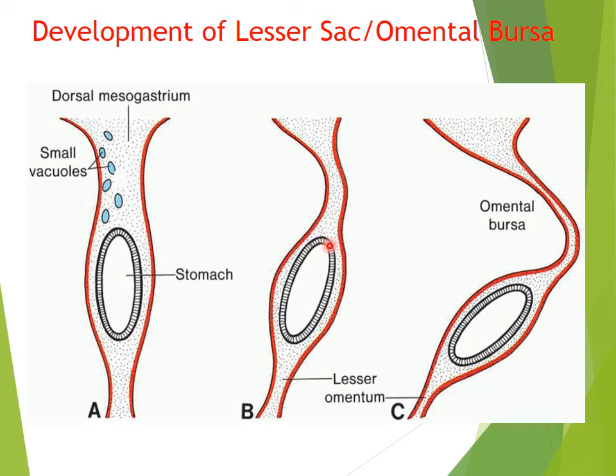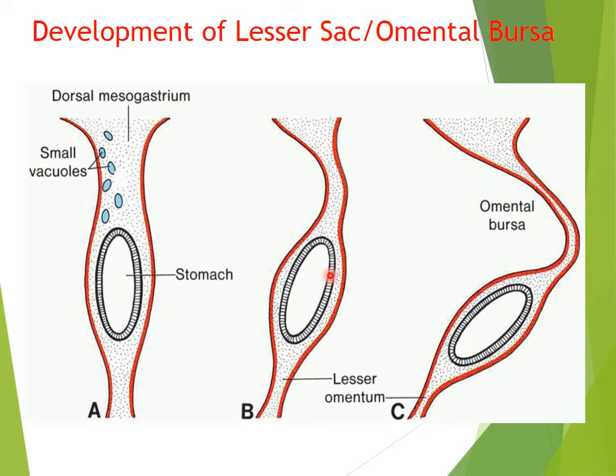During the rotation, this greater curvature moves more towards the left side, pulling the dorsal mesogastrium along with it, as it is attached in the midline to the dorsal body wall. So the attachment is there, but it is pulled more towards the left side, enclosing a space, that is the lesser sac or omental bursa.